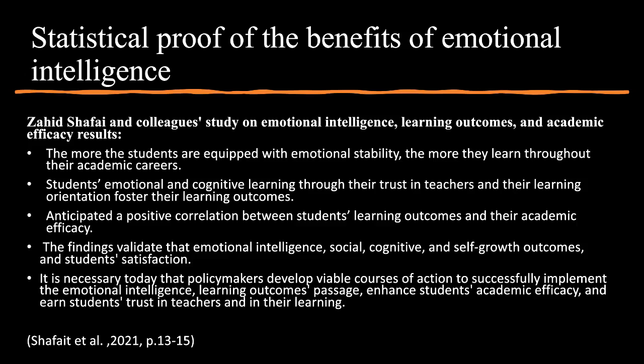It is necessary today that policymakers develop viable courses of action to successfully implement emotional intelligence, enhance students' academic efficiency, and earn students' trust in teachers and in their learning.